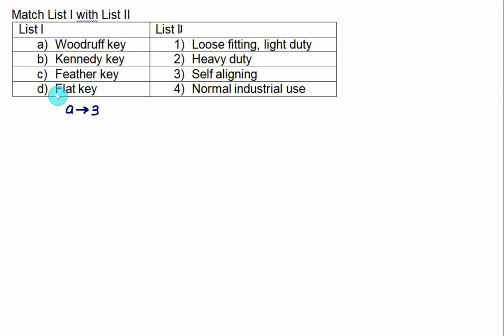Then the Kennedy key is normally used for heavy duty, so B is matched with 2. The feather key is normally preferred in loose fitting and for light duty, so C matches with 1. And the flat key is normally used in normal industrial use, so D matches with 4.